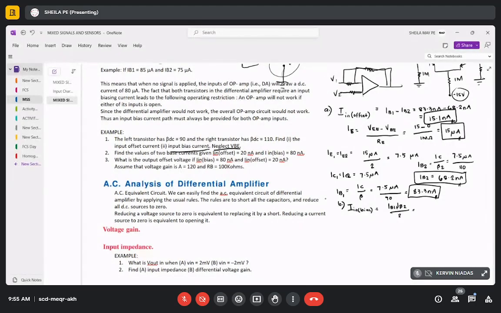Our IB1 is 83.3 nano plus 68.2 nano, divided by 2. That's 75.75 nanoamperes.